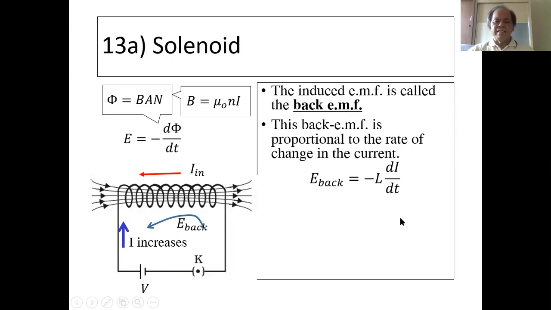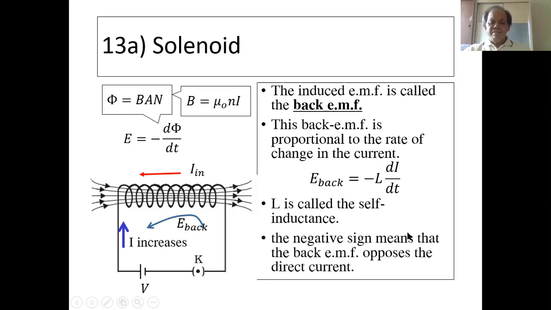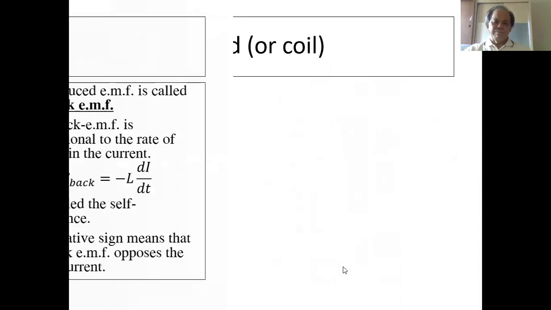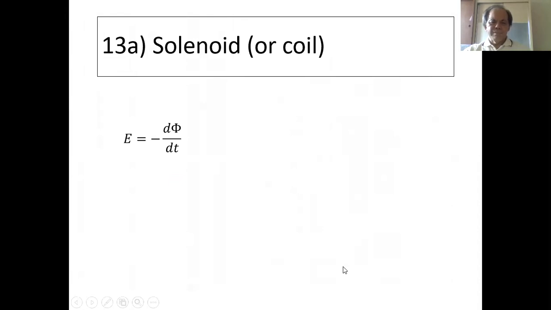Negative because of Lenz's law, and L because of self-inductance. The negative sign means that the back EMF opposes the direct current. Usually we are more interested in solenoid rather than coil, but sometimes the author will mix it up. Coil and solenoid are the same thing.